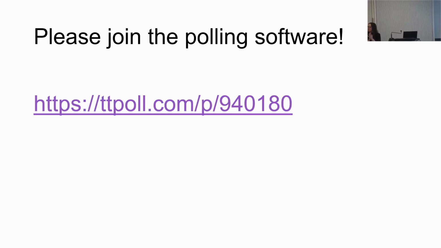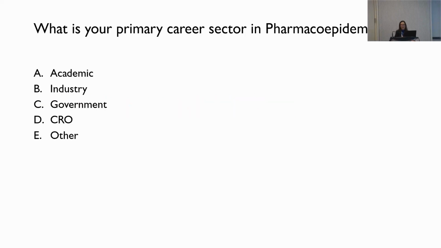Does this work when you log in? Does anything come up? It does not exist. So it's 287453. Sorry, can you say that again? 287453. Okay, great. So we're going to see if this works. I wanted to start out by seeing who's in the room, and hopefully this question appears. Is this on the software, or do you see it?